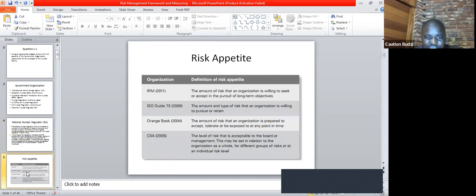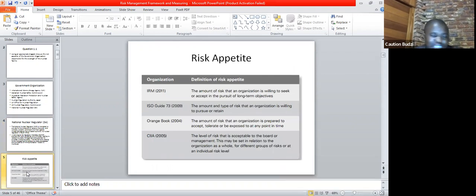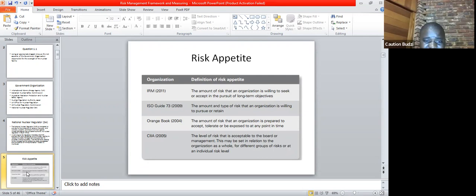So to start with, we would like to define what a risk appetite is. We have compiled about four different definitions of risk appetite from different organizations. According to the IRM, risk appetite is the amount of risk that the organization is willing to seek or accept in the pursuit of long-term objectives.